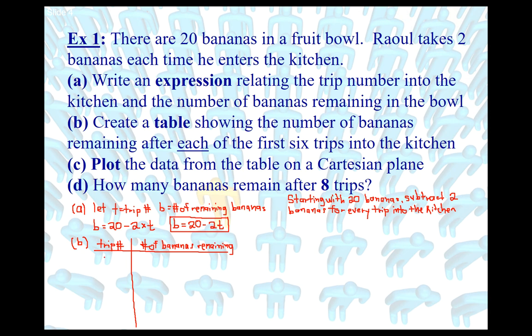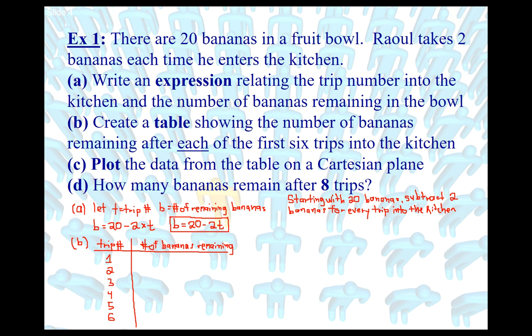So it says do the first 6 trips into the kitchen. Trip 1, trip 2, trip 3, trip 4, trip 5, trip 6. Now, to calculate the number of bananas remaining, we could use the linear relation equation I have here, but we can actually just identify this by just thinking of what's happening.